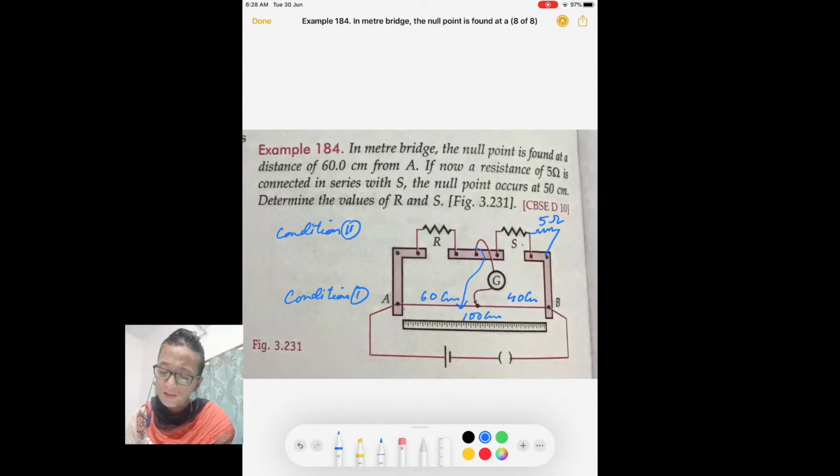Now in the second condition, L1 is 50 centimeter, L2 is 50 centimeter, and R1 is R itself, and R2 is changed from S to S plus 5. So we have two conditions, and we will be formulating two equations for knowing two unknowns.